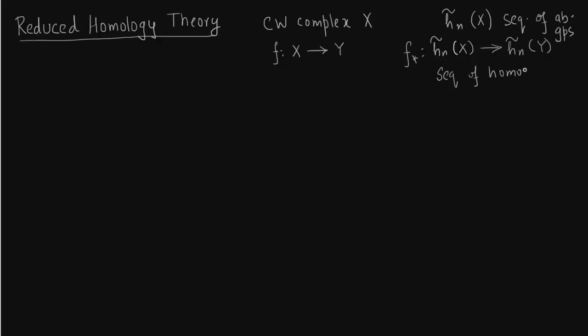So first, a map F between CW complexes X and Y induces homomorphisms between the homology groups, and these homomorphisms satisfy the following two conditions.